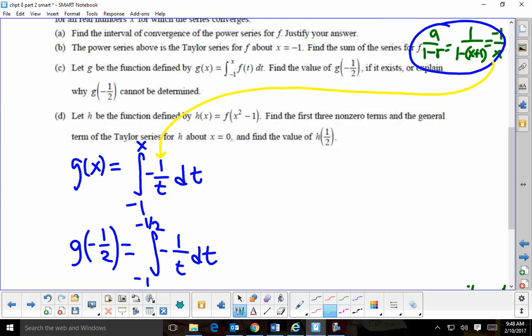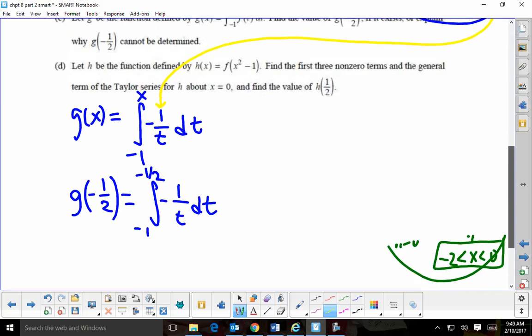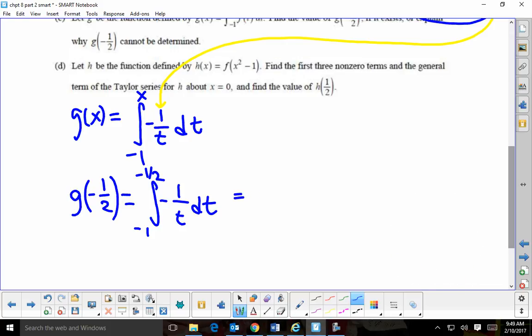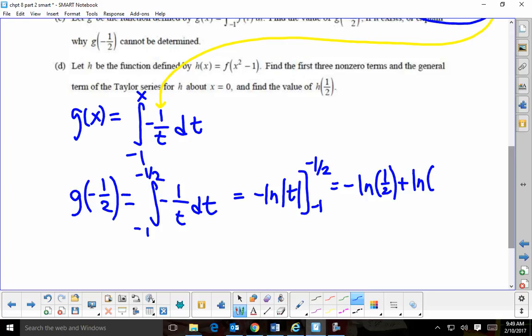So you should either get negative ln of a half or ln of 2, if you simplify it. You guys know how I would get that ln of 2?